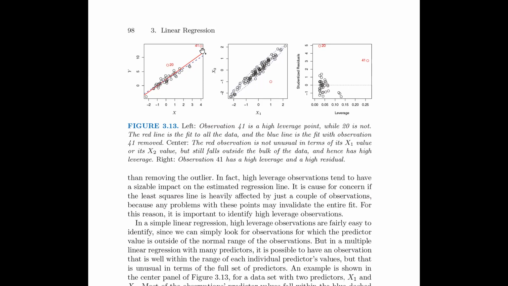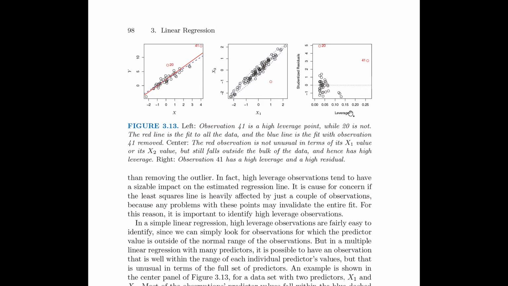Changing these data points over here, they're not really going to impact the red line, which is the fit. But the blue does change quite a bit, especially if you're making predictions for observations that have an x value between 3 and 4. With the 41 you have the red, without the 41 you have the blue.